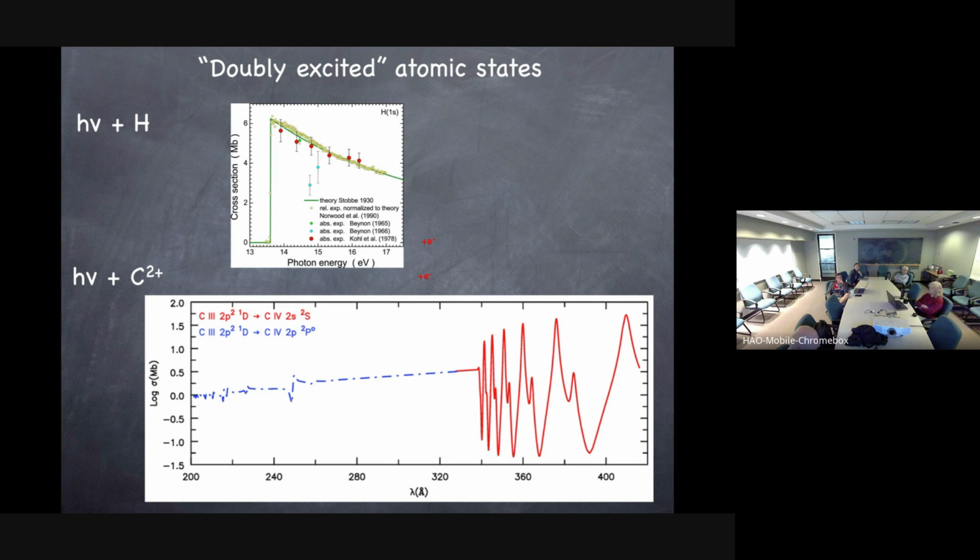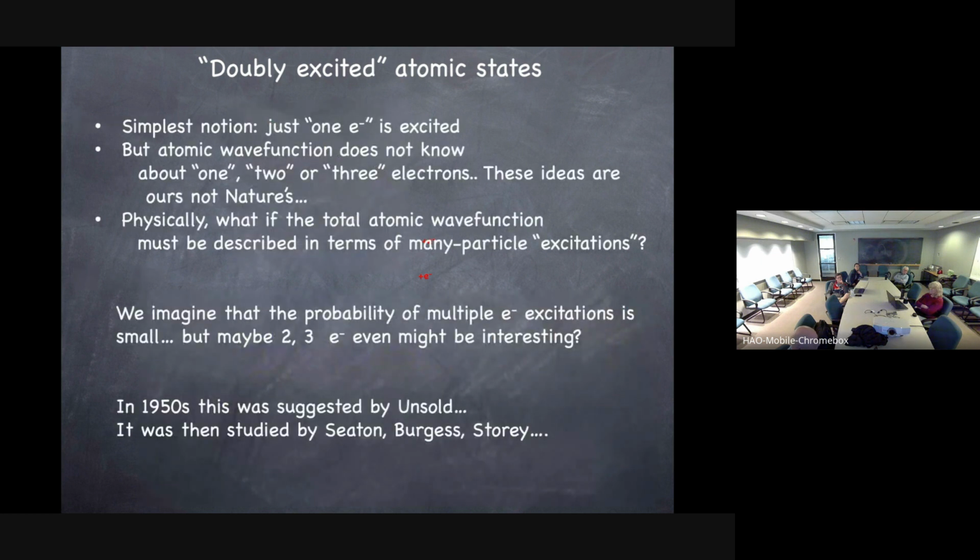So what I'm saying is that this was realized quite some time ago by Unsold, in the 1950s, that there was a problem, because all this nice theory had come around to show that we have a function of temperature only for ionization fractions, but then people started observing with eclipses and all these other things the emission lines.